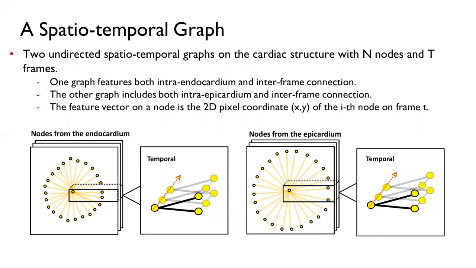In both graphs, the inter-frame edges connect the same nodes between consecutive sampling frames. Node locations, 2D pixel coordinates xy, are defined as input to the spatial-temporal graph convolutional network.